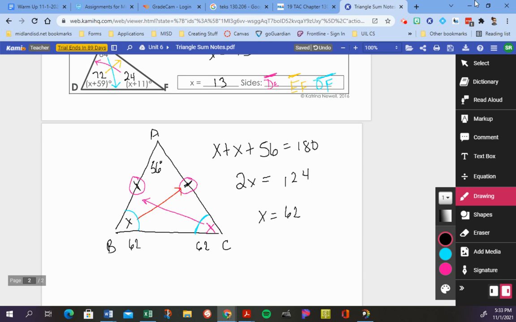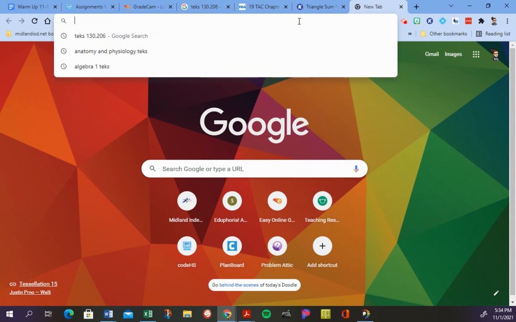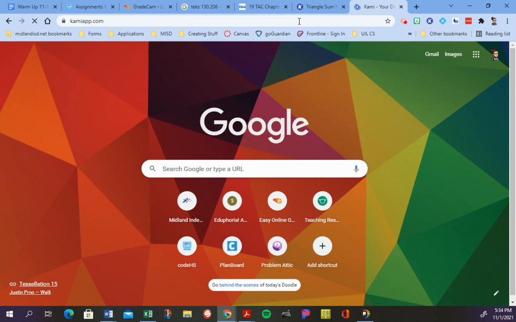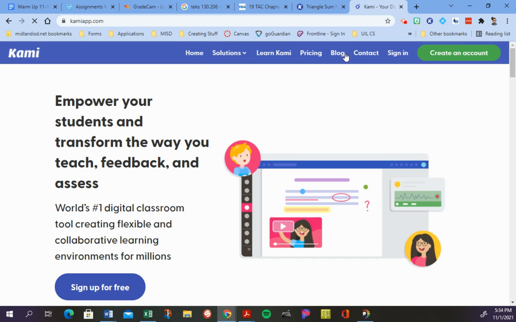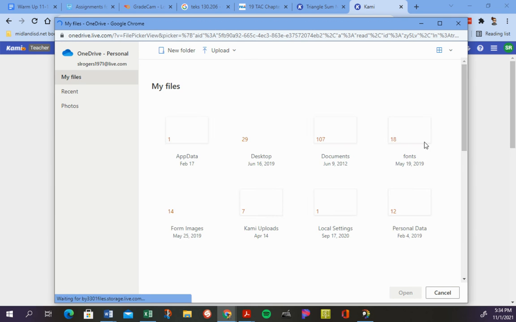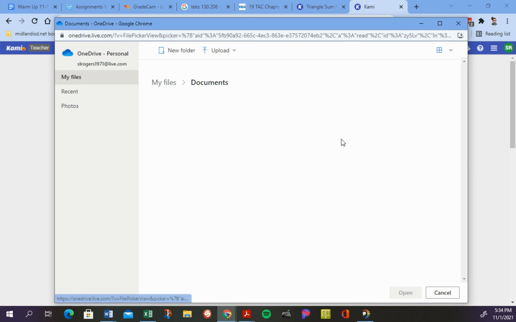Well, because if we jump over here to our maze, let me go to Cami again and pull up that maze, you'll see why. Where is that? Documents?